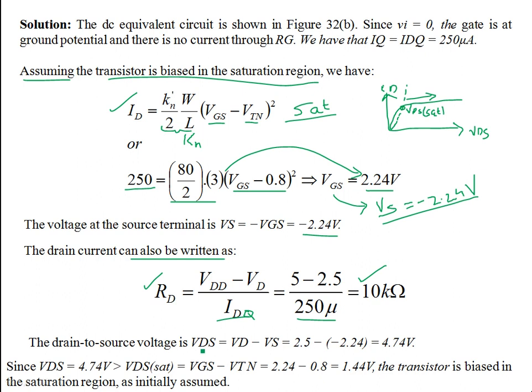Again, the drain to source voltage: we are calculating this to check our assumption, whether it is correct or not. So VDS, which is VD minus VS, 2.5 minus VS, gives you 4.74 volts. And if you can take a guess, what is VDS sat? Well, VDS sat is VGS minus VDN. VGS was 2.24 volts.